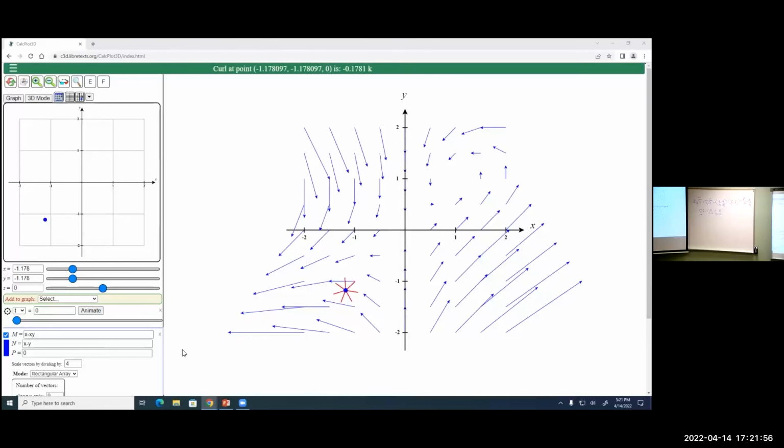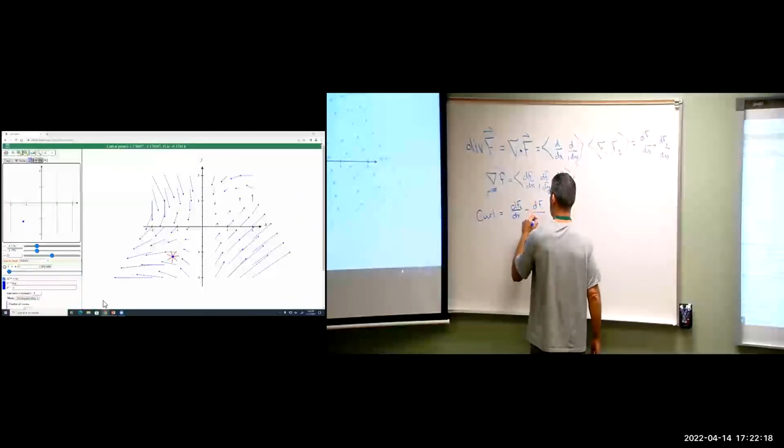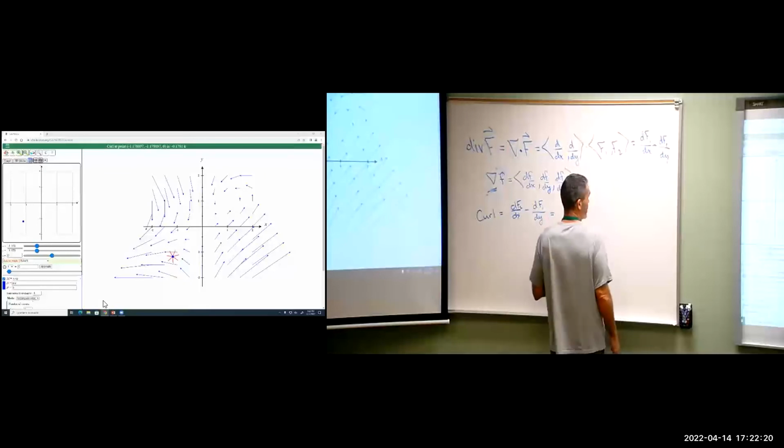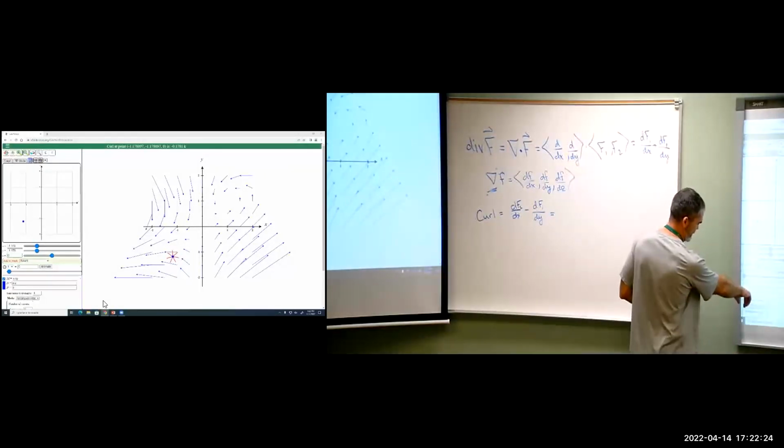Now I just did the default one on here, but we can actually calculate the curl for this. So our curl, again, we're just doing 2D right now, is dF2/dx minus dF1/dy, which for our vector field, if you can't see it, it's M and N. M is F1, N is F2.